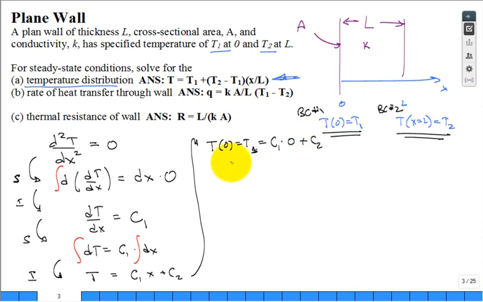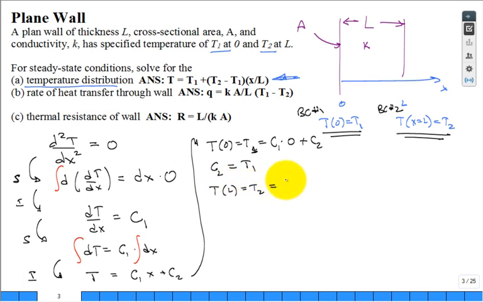So I find that C2, the second constant, is equal to T1. That's what I conclude. Okay, let's now go to the second boundary condition. So T at L is equal to T2.